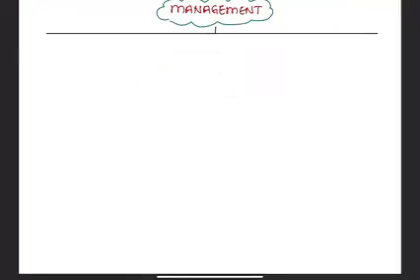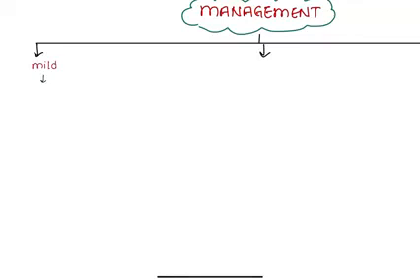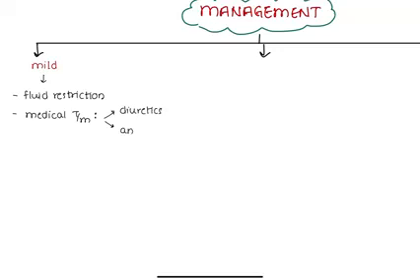Management of abdominal compartment syndrome depends upon the severity. In mild cases, fluid restriction, medications such as diuretics and analgesics might help relieve the pain and abdominal distension.